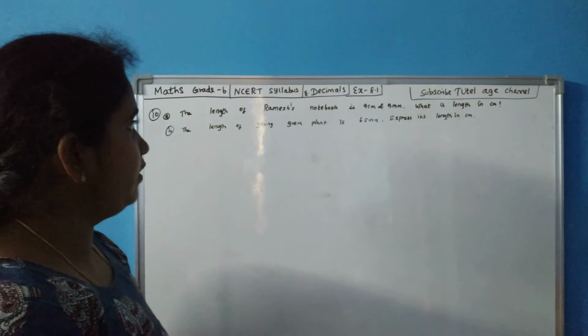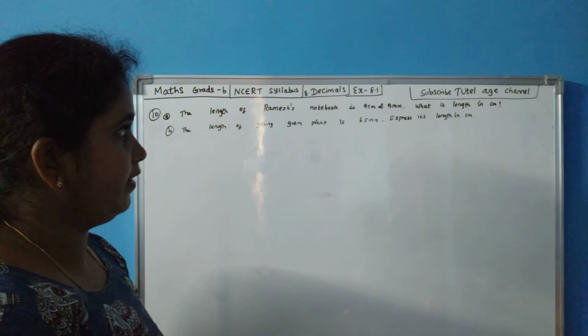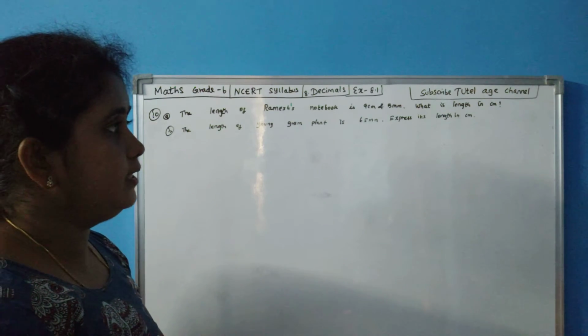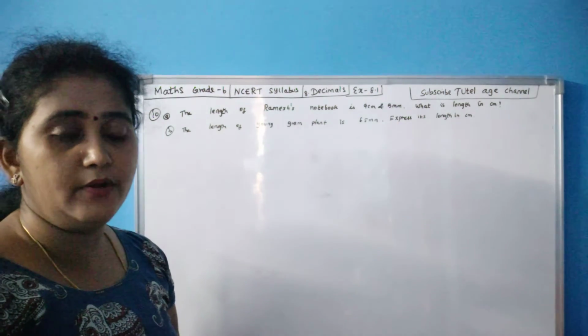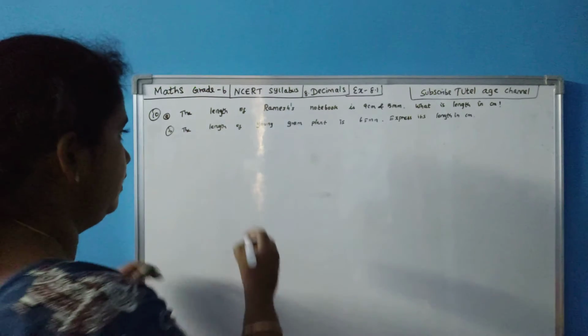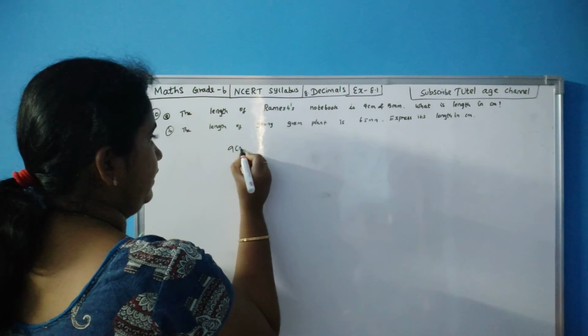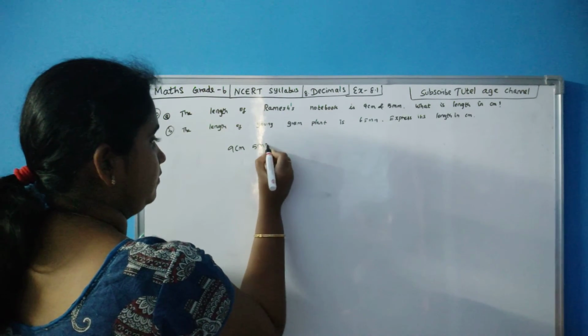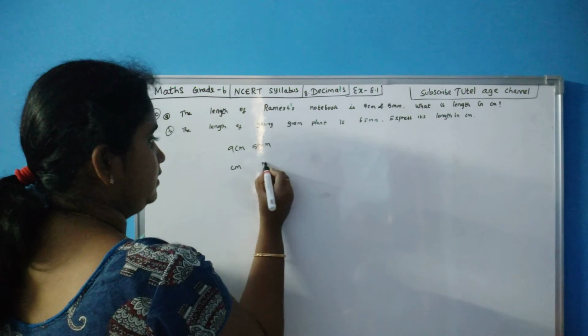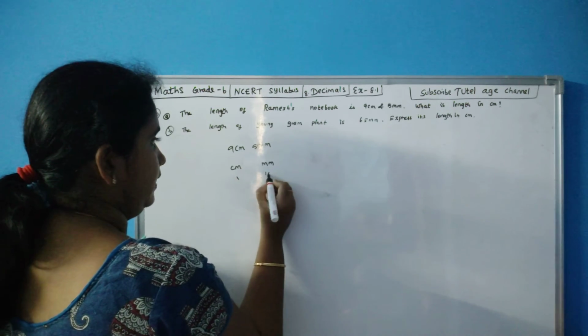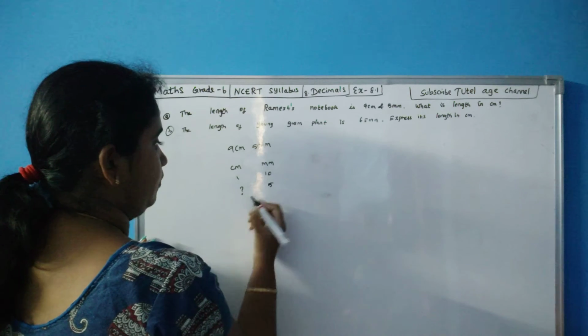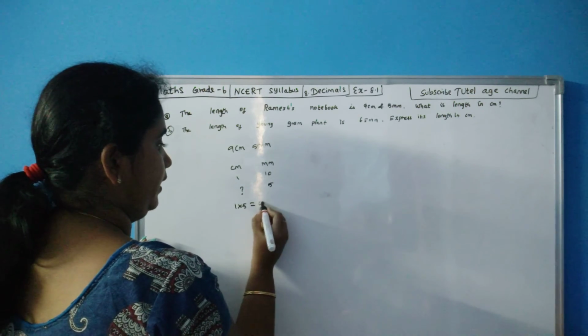The length of Ramesh's notebook is 9 cm and 5 mm. They are asking for the length in centimeter. 1 centimeter is equal to 10 millimeter. So 5 millimeter is equal to how much? 1 into 5 is equal to 10 into x.